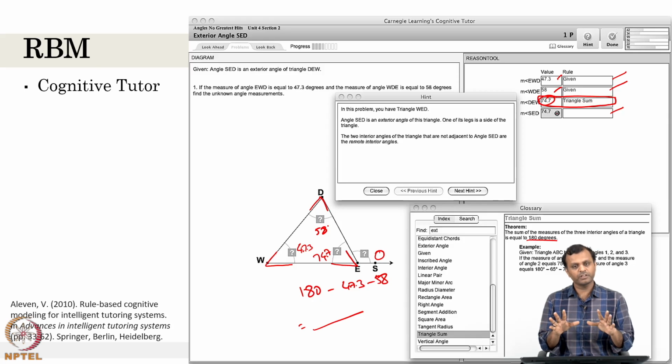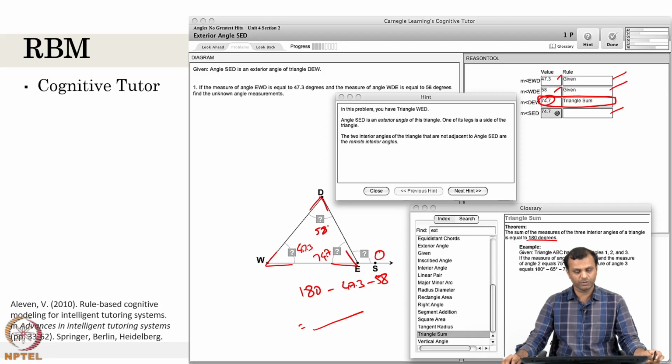But the rule-based model is a very good example of how to write a proper domain model in your system. This has been used from the early 2000s until now, and it is very famous and has been used for many systems, not only math systems, the math cognitive tutor. The same concept of the cognitive tutor authoring tool has been used to replicate in multiple domains, multiple topics across the world.